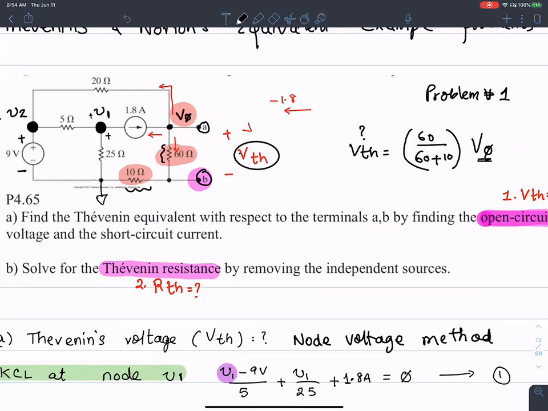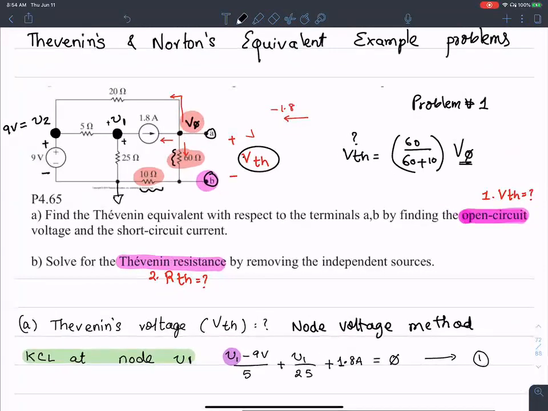Simply by applying a voltage division. Does that make sense? I renamed this node a bunch of times and called it V0 because I kept forgetting this resistance over here.